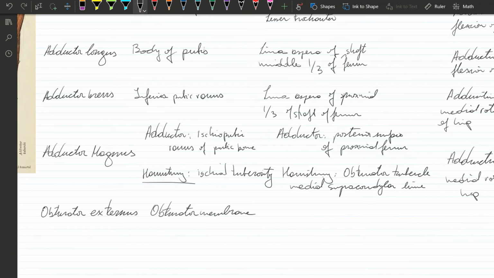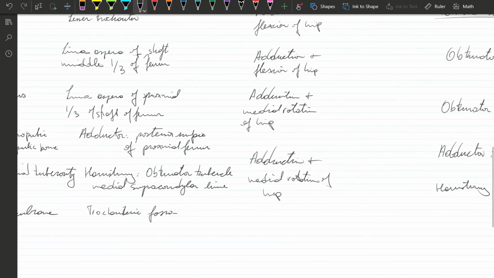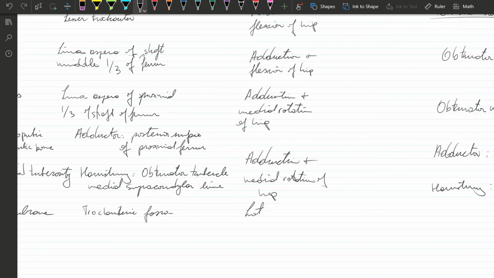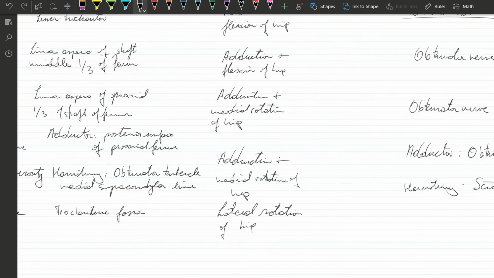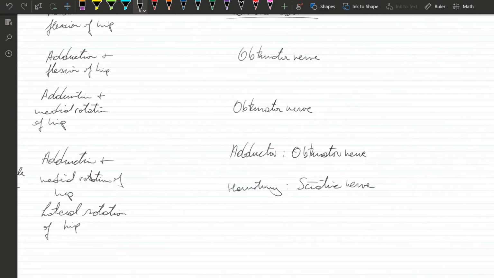It's going to have an insertion at the trochanteric fossa, and it's going to induce lateral rotation of the hip as its action. And lastly, it's going to have an innervation by the obturator nerve.